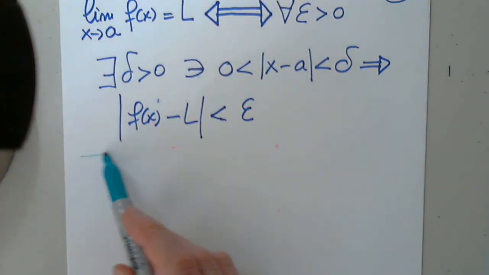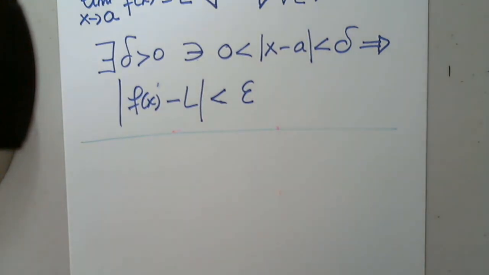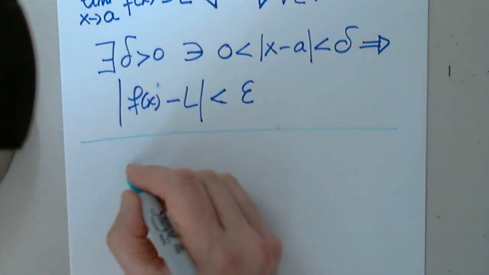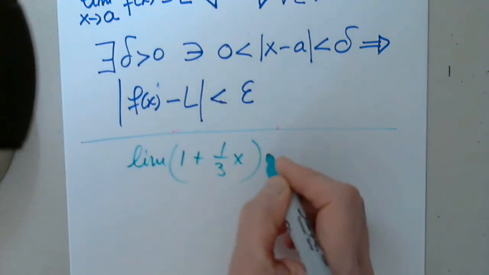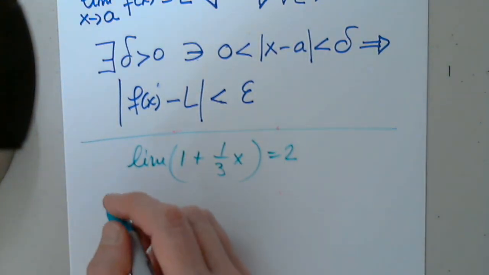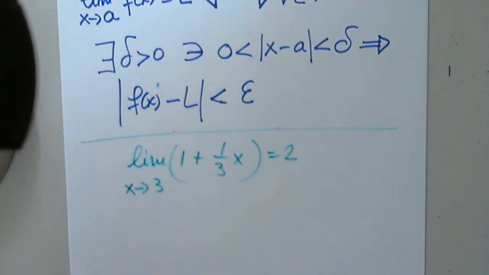So let's apply this concept in one simple example: the limit of 1 plus 1/3 x equals 2 as x approaches 3 from either side.